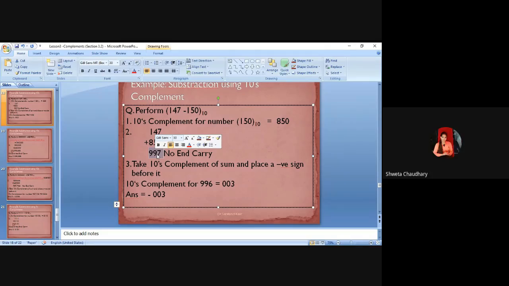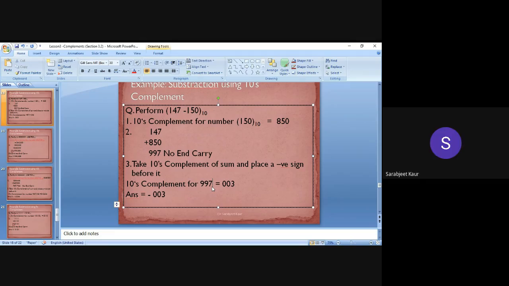Ma'am, in this case, m is less than n. So we will not add 1 to the tens complement. Ma'am, actually, in this case, m is less than n.